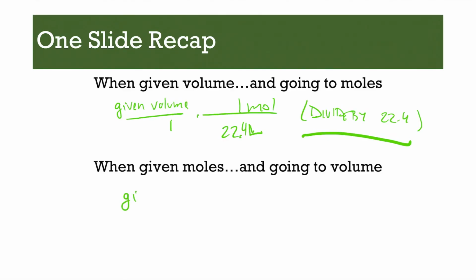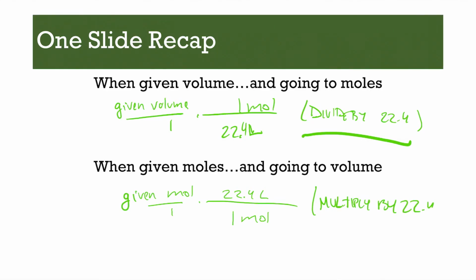If oppositely you are given moles, you're going to set it up like this, and that shortcut is multiply by 22.4. Again, divide going into moles, multiply going out of moles.